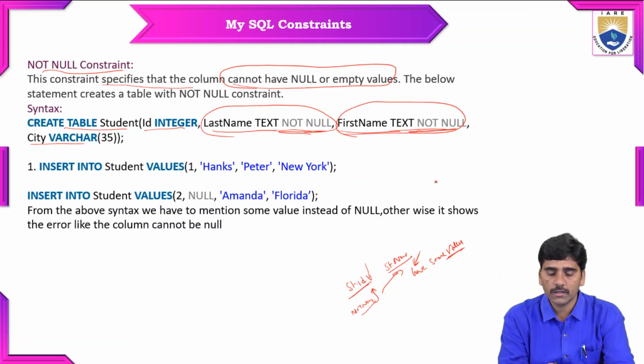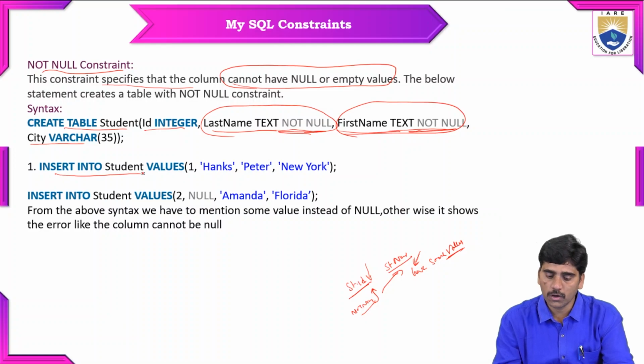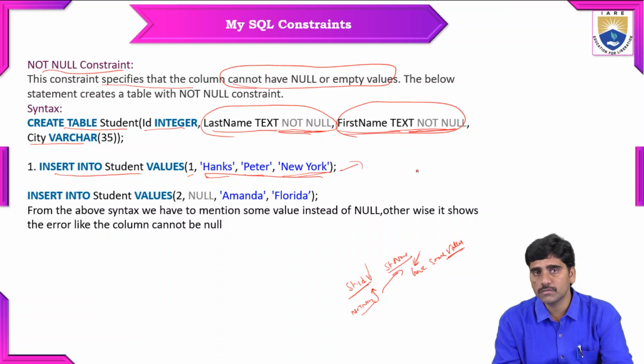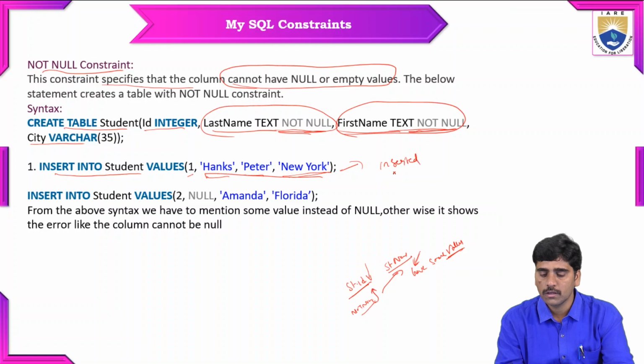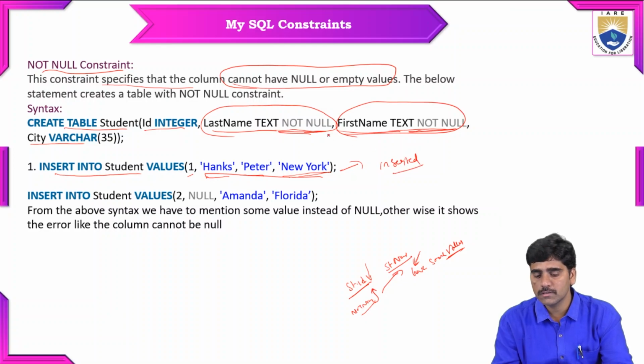So here let us see an example. Insert into student values: ID 1, last name Hanks, first name Peter, and the city is varchar. This value is inserted because we applied not null constraints and we are inserting values.